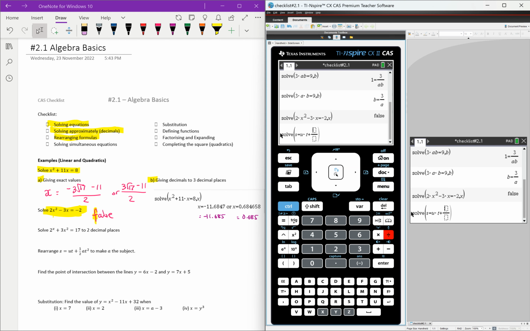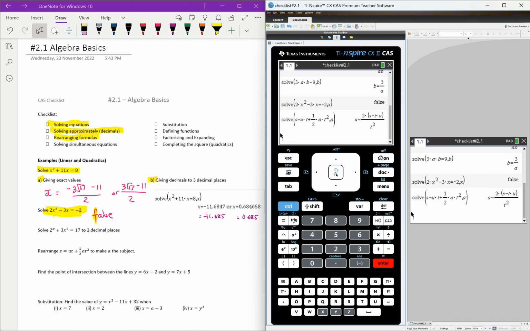So 1 over 2 times A times T to the power of 2. See what I'm doing there? I make sure I have the times symbol in between each of the variables, and then comma A, because I'm saying solve for A. Rearrange it so A equals something. Press enter, and you can see it's rearranged. A is equal to 2 times the S minus T times U, all divided by T squared.